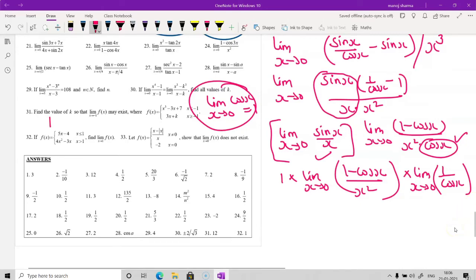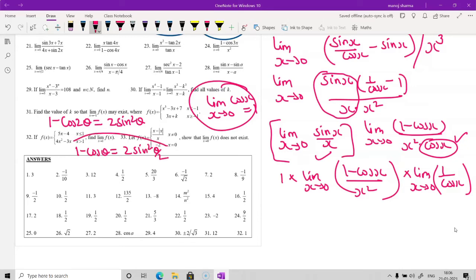Now previously I have told you 1 minus cos 2 theta is 2 sin square theta, but we have a type like 1 minus cos theta. It is going to be a half angle formula. So I'll be applying this in this question.